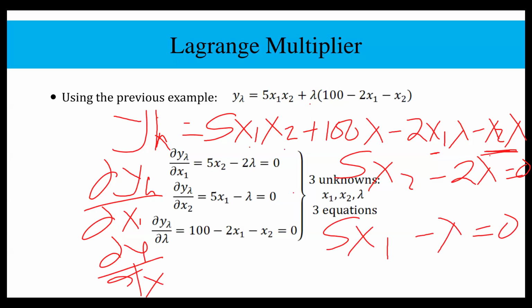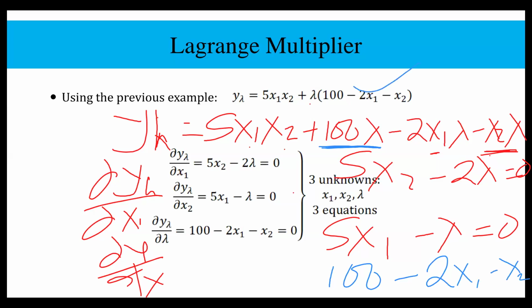So we know that here we have 100 lambda. Lambda is going because it is just raised to the power 1. You remain with 100 minus 2x1 minus x2, which is basically the same constraint, and set it equal to 0.